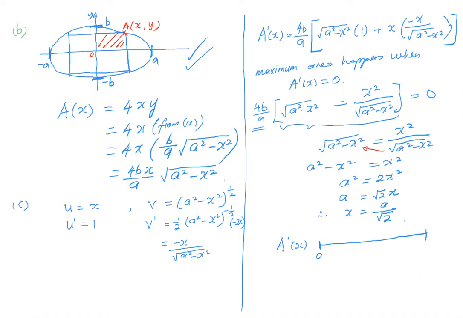Okay, and what is the maximum? Can my x be a plus 1? This is the maximum of x that can go, that is a. So you put down here a over root 2.